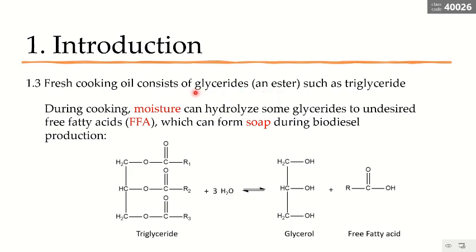So this glyceride is something that looks like this. This one is called triglyceride. Tri means three, right? Because 1, 2, 3, there are 3 positions that can form this ester bond, which you just learned from your organic chemistry subject. Okay, and this bond, we know it's ester.